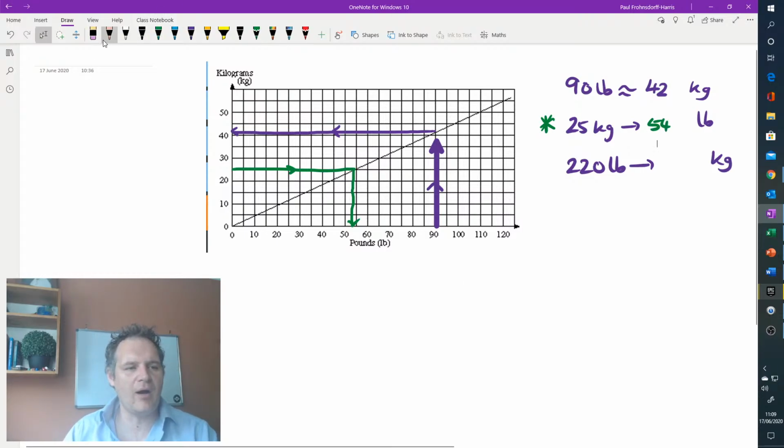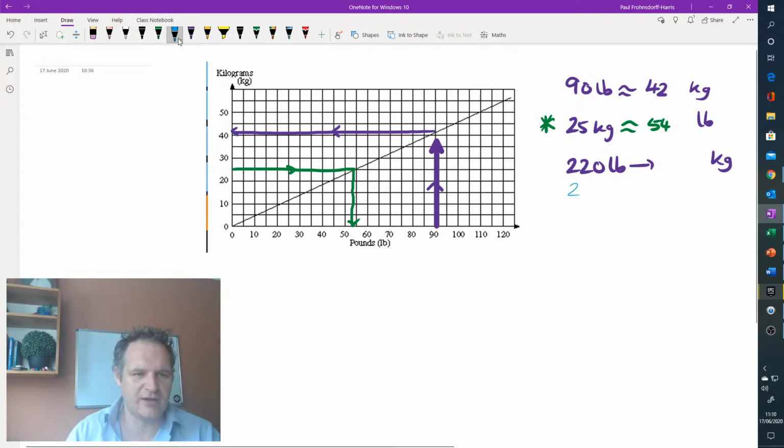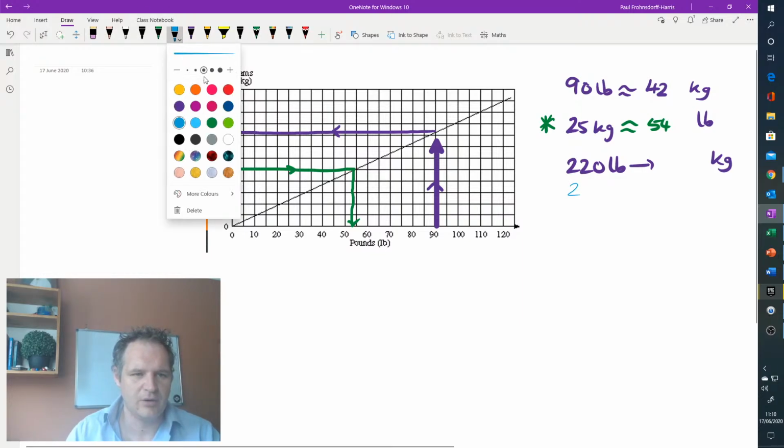But I did say to you that I was going to show you how you could use it for a number that isn't even on the graph. How is that even possible? We're going to use blue. How are we going to do 220? I'm going to first of all make it slightly thicker so it shows up on the display nicely.